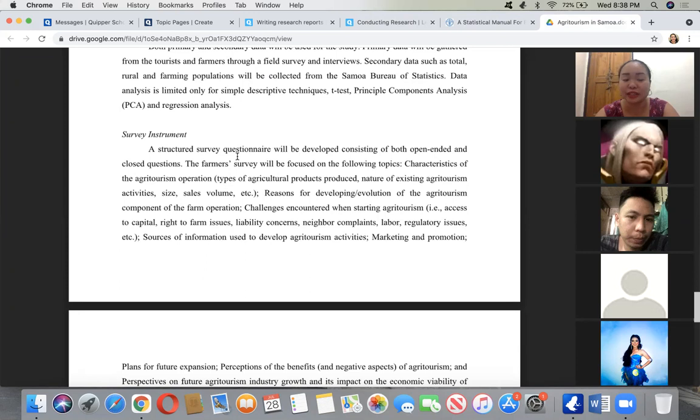But if it's structured, you already have a list of topics that you want to interview or knowledge that you want to get from that community. Like, for example, their farming, their culture, and so on. But if it's open, not structured, you will just decide what to talk about, like a consultation. So what topic do you want to talk about?